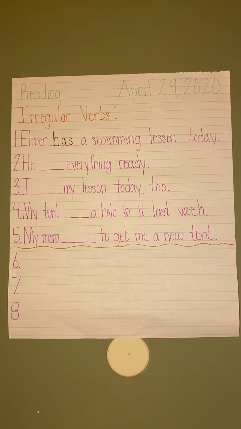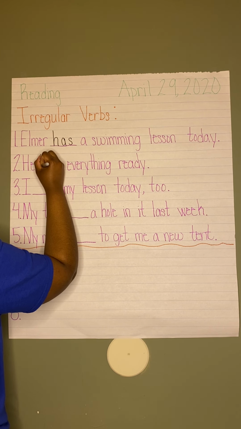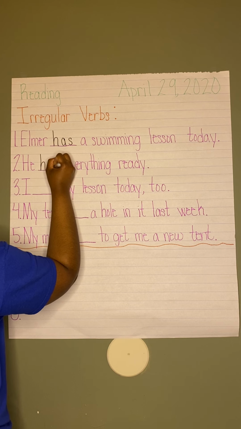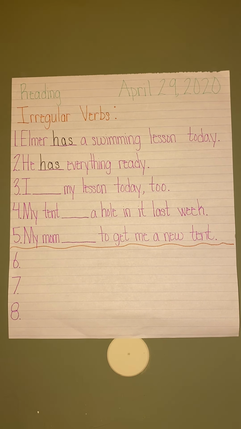What if we choose the word has? He has everything ready. Does has sound right? Yes. So circle has in the parentheses, and then on the line we will write, he has everything ready.